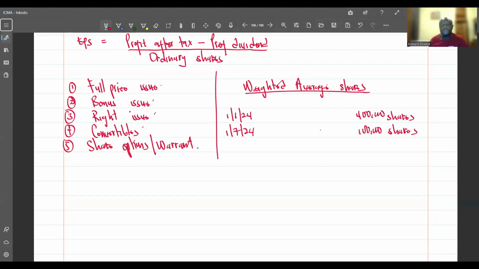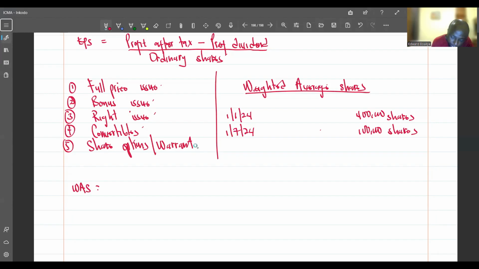So in all, we should have gotten 500,000 shares, right? But the issue is this 100,000 came in on 1st July 2024. So we have to weigh it if we want it to be part of the shares that we are going to use in calculating earnings per share. The time factor didn't start from January, so we can't let it go up to December.